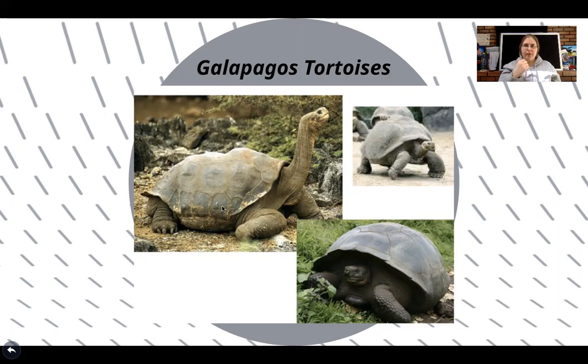And what he concluded is that between this and his work with the finches, a lot of it had to do with the island they were located on. You can see that here. This darker guy was on a very lush island, so lots of greenery, lots of flora, as opposed to this guy, and even this guy too.